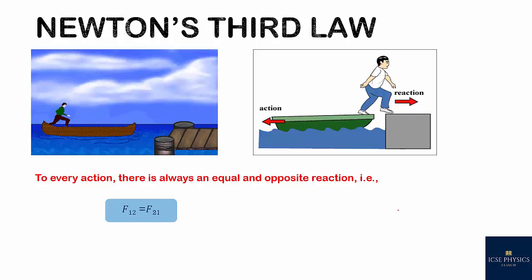Then the second law, the fundamental law, was based on unbalanced forces. Remember the rocket, where the force going upward is higher than the force downward, so there is an unbalanced force. Newton's third law is about equal and opposite forces. So these are the three laws, and I hope you have understood.